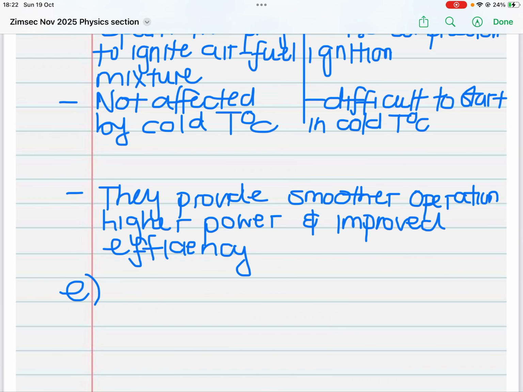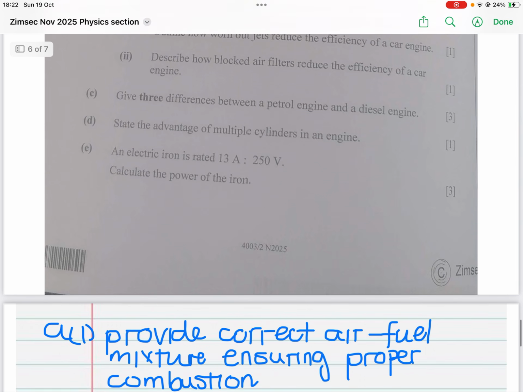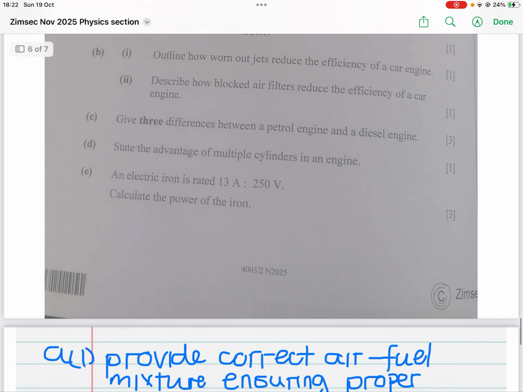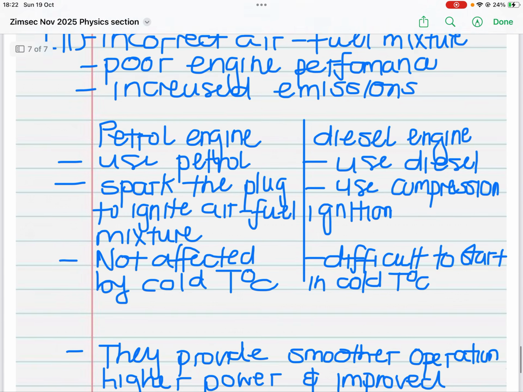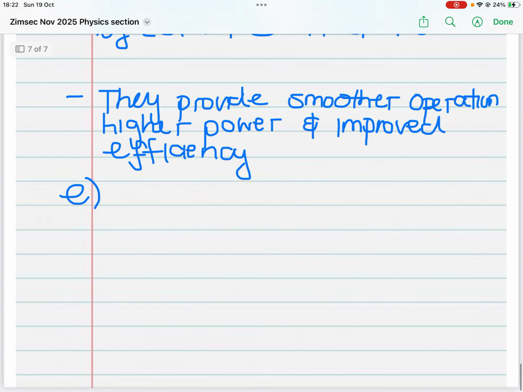And then lastly, on part E, let us go to part E. Part E is reading: an electric iron is rated 13 amperes, 250 volts. We are required to calculate the power of the iron, 3 marks. So you need to know the formula that connects power, voltage and current.